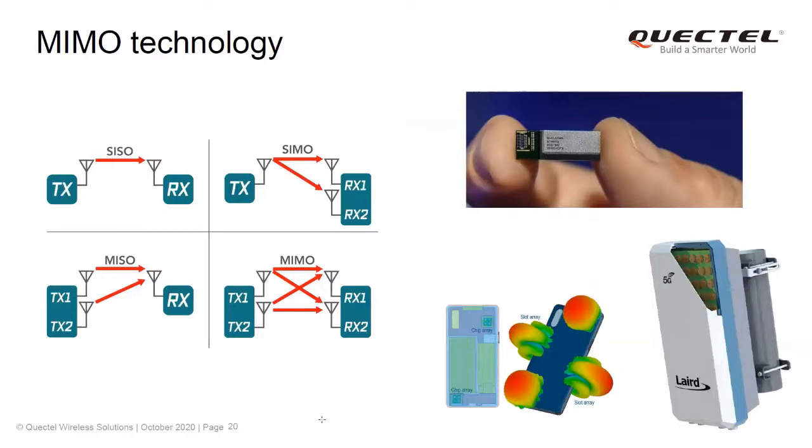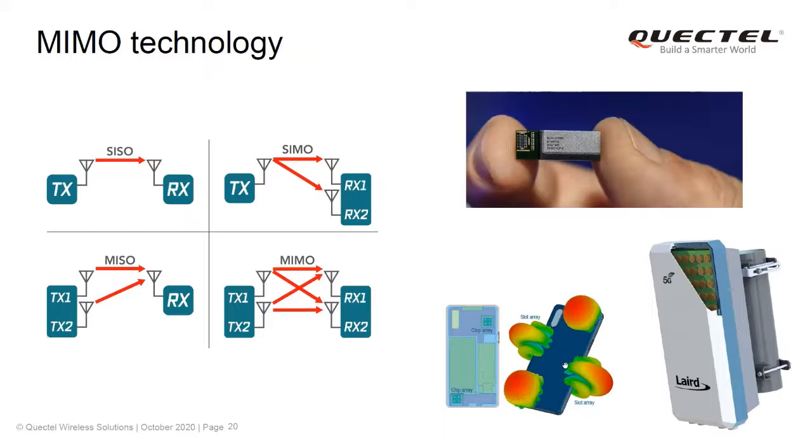MIMO technology means that there are multiple inputs and multiple outputs. You can see here the normal scenario: single input, single output, so one receiver, one transmitter. In the picture here, you can see how such a real antenna looks on the BTS side.